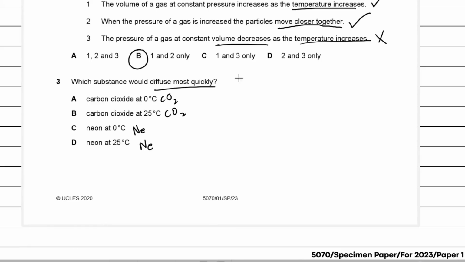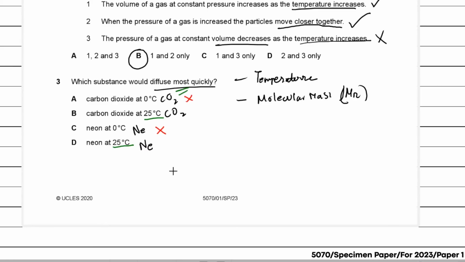One is temperature, and the other is molecular mass, or basically the Mr or Ar of a compound. So let's first take a look at temperatures. We can see 25 degrees Celsius and 25 degrees Celsius, and it asks us which one will diffuse more quickly. Since the other options are at lower temperatures, option A and option C can be eliminated. So we remain with carbon dioxide and neon.